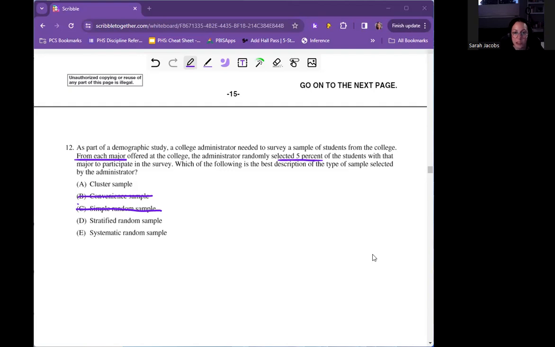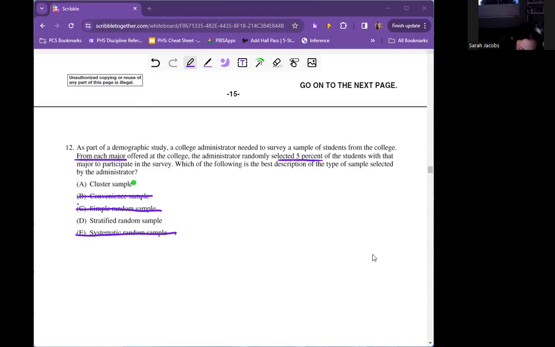You pick a random number generator. Okay, we're going to start at the 60th person, and then for 5%, we'd sample 1 out of every 20 people. So we'd count from the 60th person, or wherever we randomly decide to start. And then we would survey person 80, and then person 100, and then person 120, just in that list of student IDs. So that's systematic. That's not what's going on here.